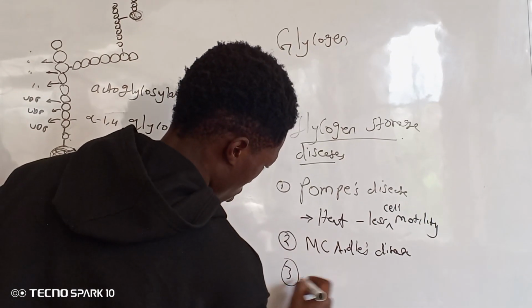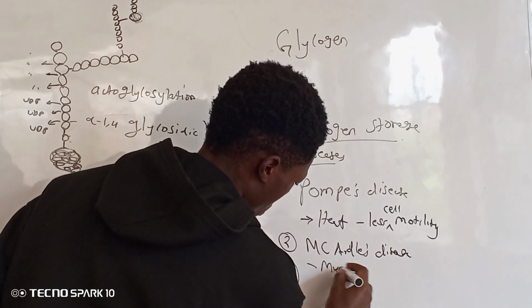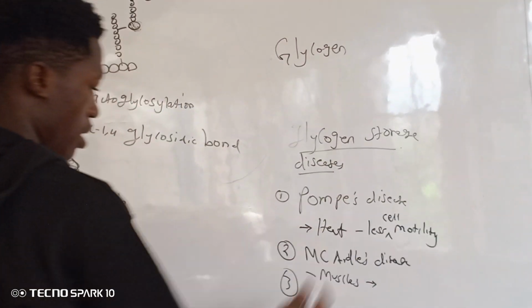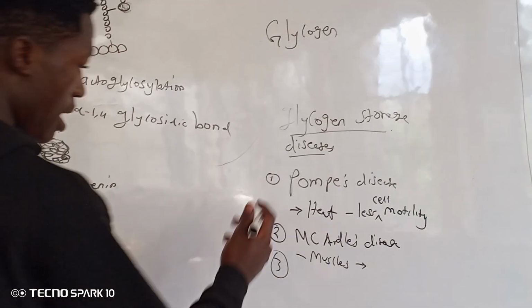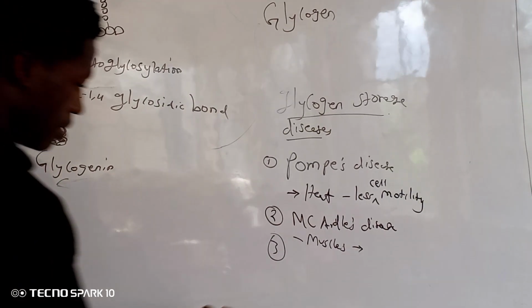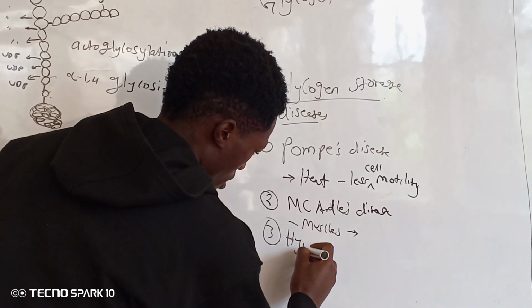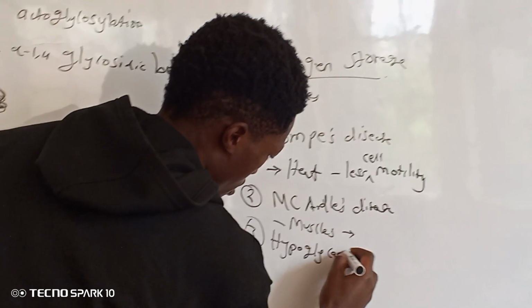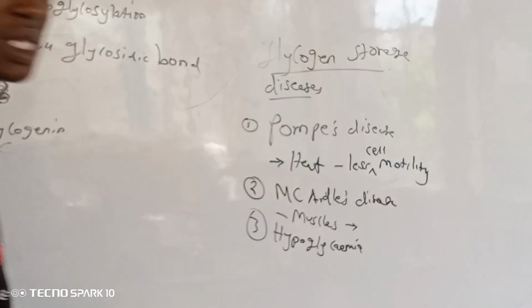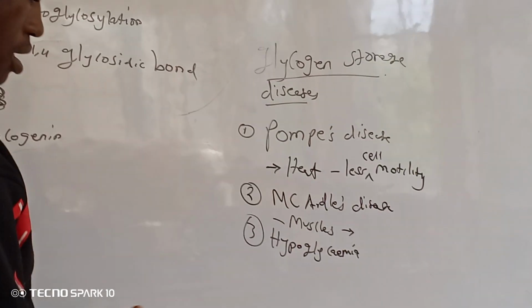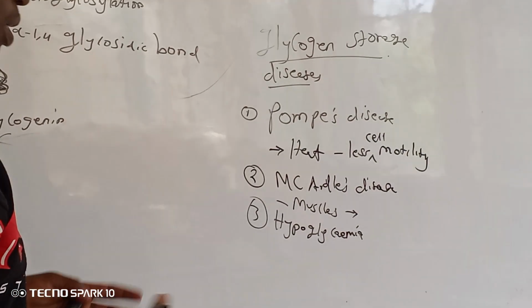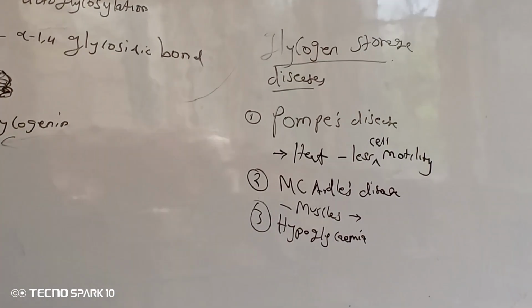So this may occur in the muscles, when there's lack of glycogen phosphorylase. Then number 3, we're going to have hypoglycemia. Hypo means less, so there's less glucose. This condition is mostly associated with less glucose or lack of glucose inside the body.